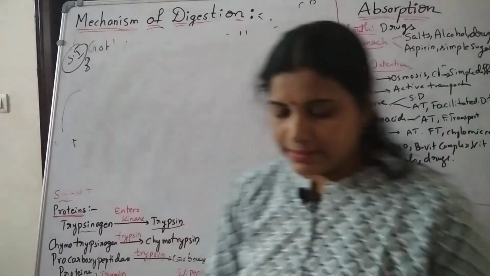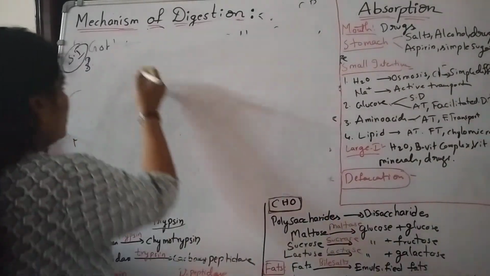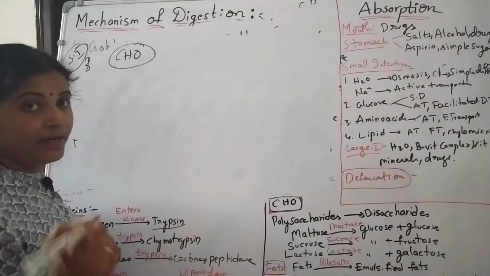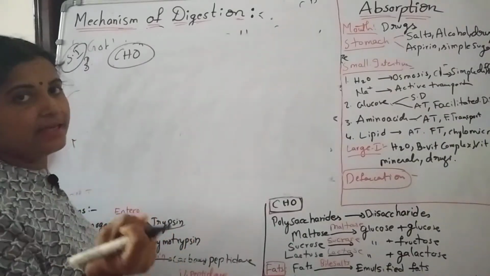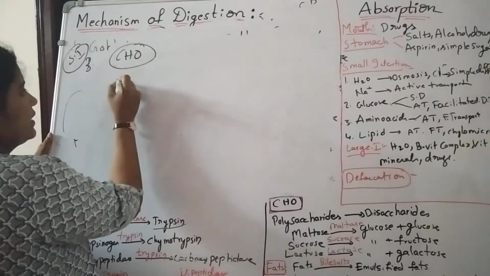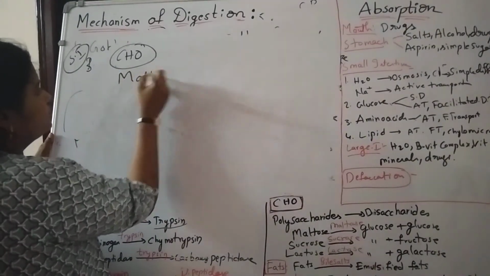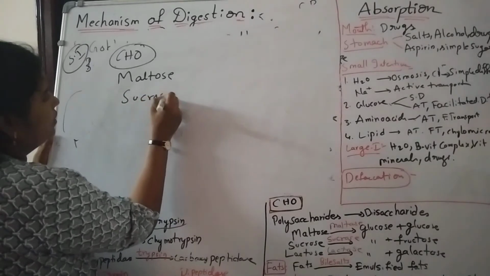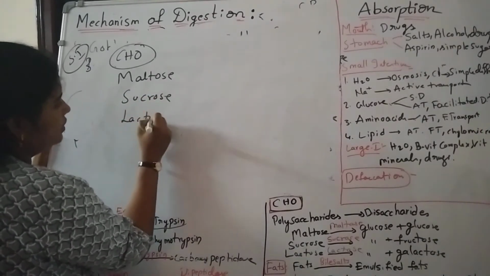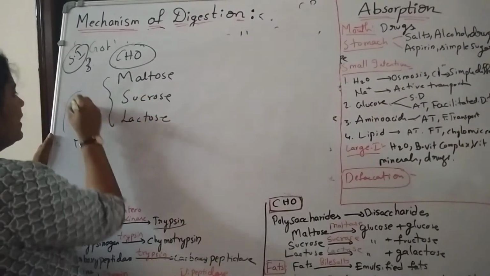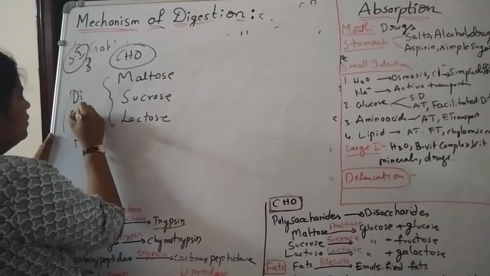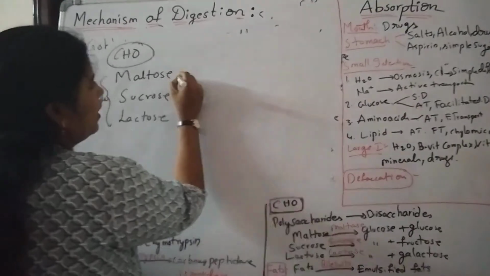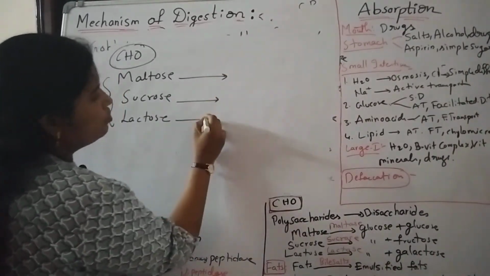Now we will see the carbohydrate digestion. What are the carbohydrates here? We have the disaccharides, three types: one is maltose, another is sucrose, and lactose. These are the disaccharides. Disaccharides are going to be converted into monosaccharides.